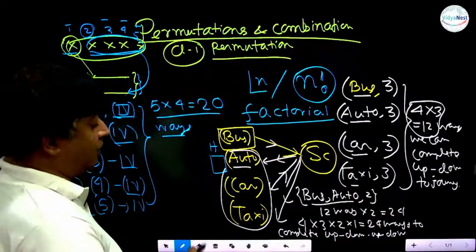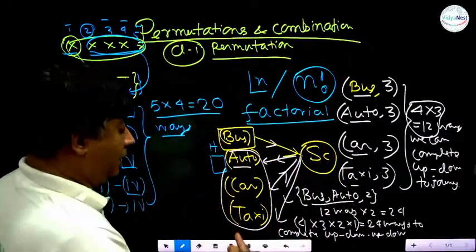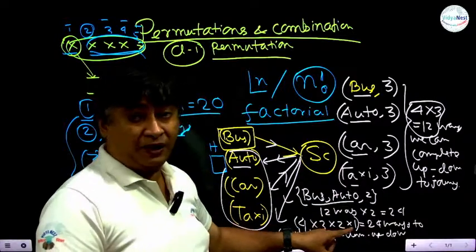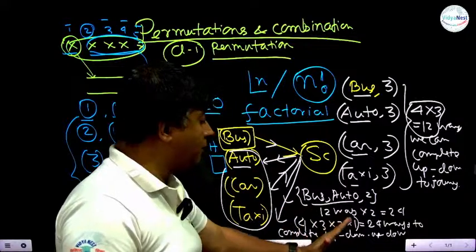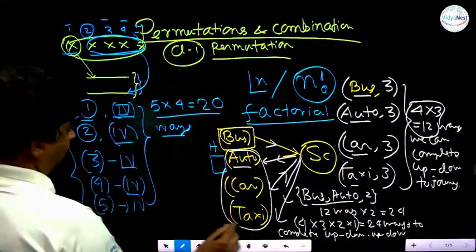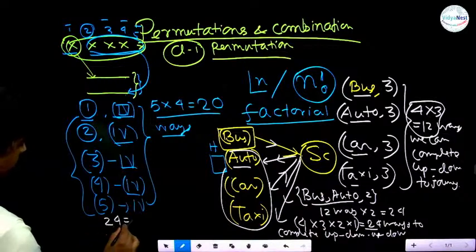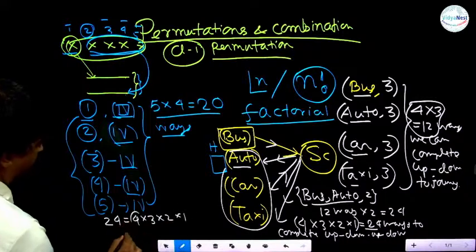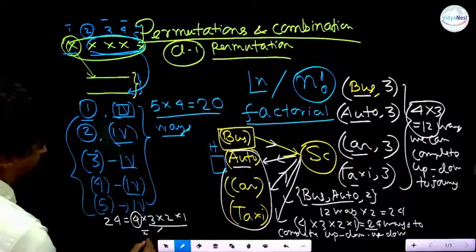So these 4 and these preceding 3 factors, the product of all factors being natural numbers, gives you factorial. Means this 24 can be written as 4, 3, 2, 1. 4 and these 3 preceding factors product is factorial 4.